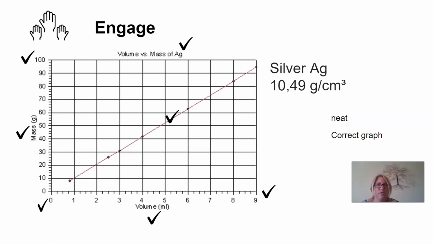So just check with your teachers how they would like you to plot these points. But there is a mark for plotting points. And in line with this, there will be a mark for doing a line of best fit, which is not always necessarily a dot to dot connecting the lines. This also depends per subject. So just check again with your teacher what line they would like you to draw.